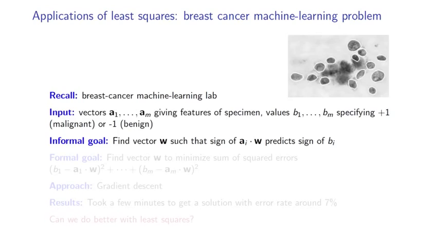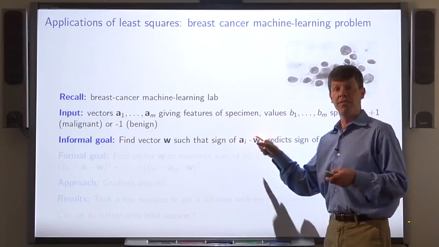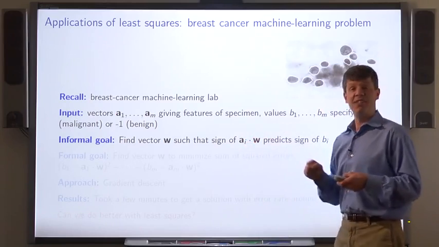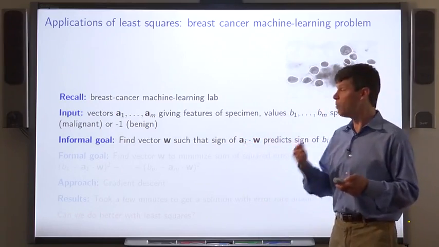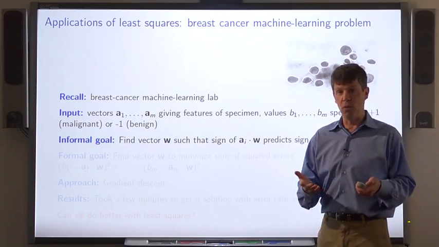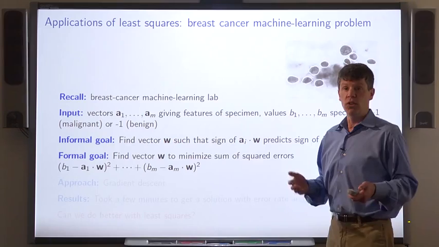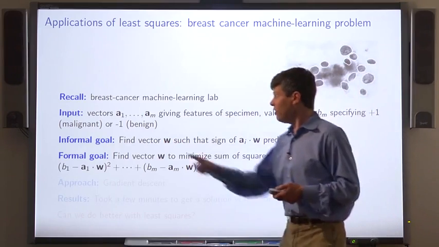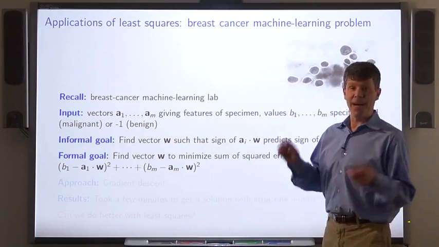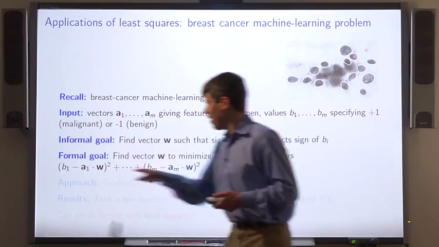And the way it would do that is the sign of the dot product of the ith feature vector, AI, with this vector W was supposed to predict the sign of BI, which is whether the specimen is malignant or benign.